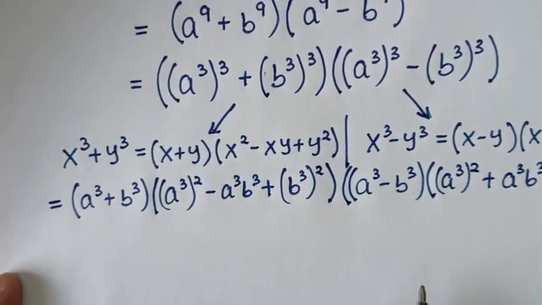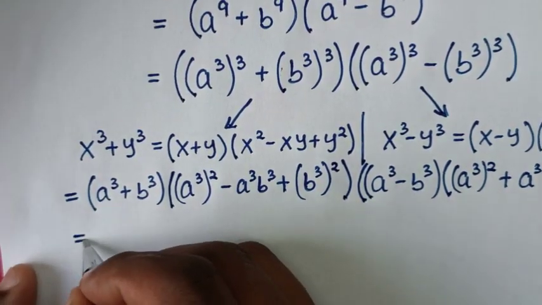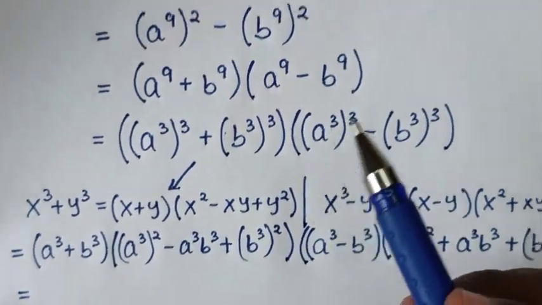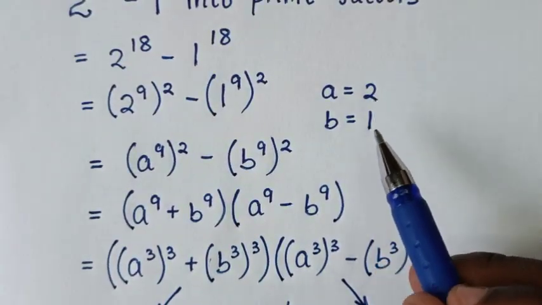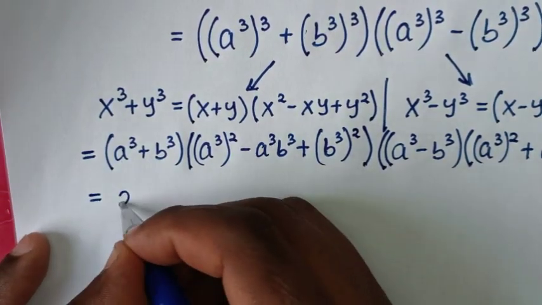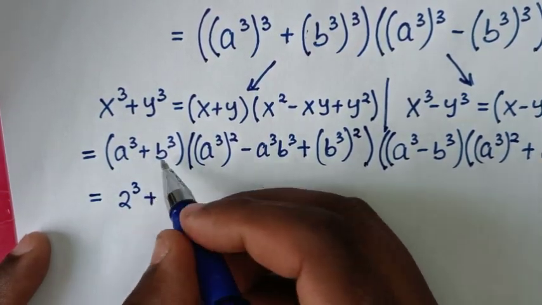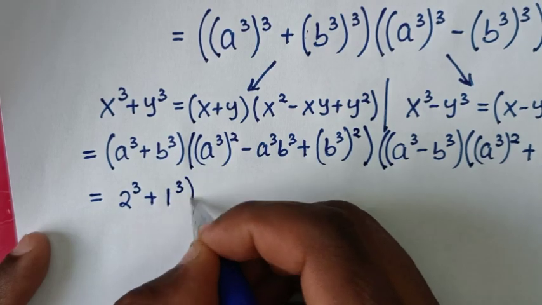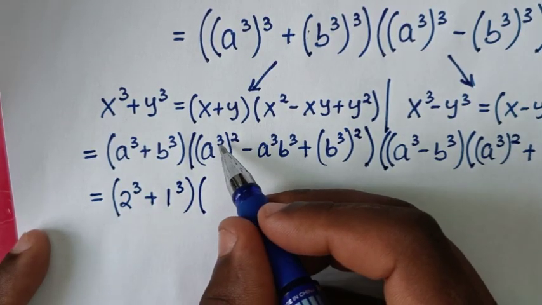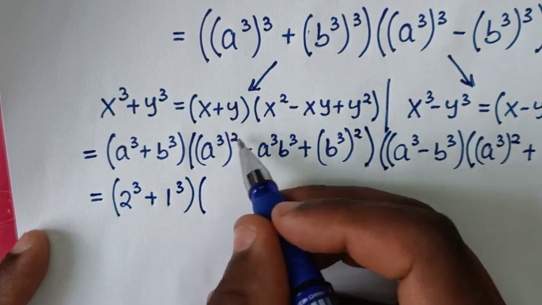Then in the next step, we substitute a and b now. a is 2, b is 1. So here a^3 will be 2^3, plus b^3 will be 1^3, then the bracket. a^3 to the power 2 will be power of 6.